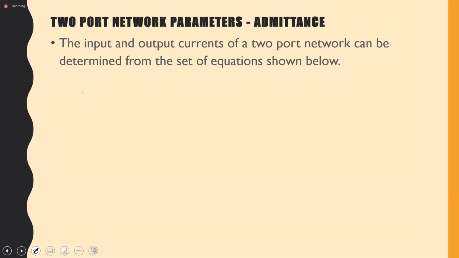And the admittance parameters, the key here is that the input and output currents, that's a key phrase, the input and output currents of your 2-port network can be determined from a set of equations. So what's the focus when we're using admittance? The input and output currents.